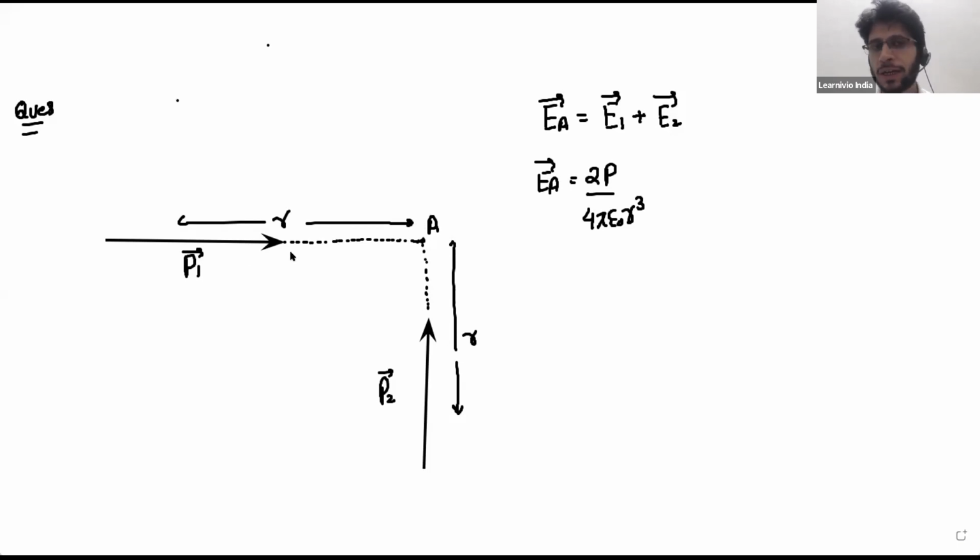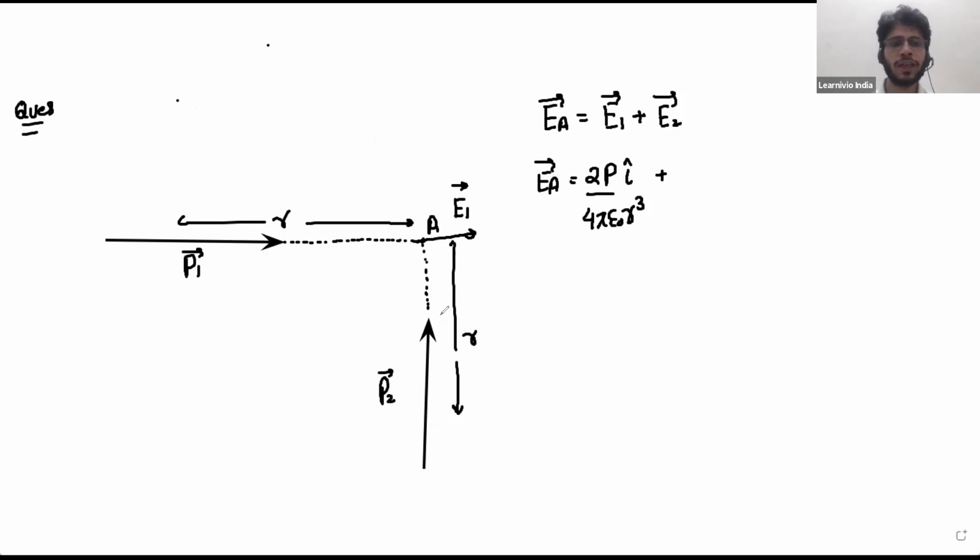So the dipole moment is acting to the right hand side, so the electric field will also act to the right hand side. Right hand side means it's acting along the positive x-axis. What's the unit vector along the positive x-axis? Sorry, i cap. Yes, the unit vector along the positive x-axis is i cap.